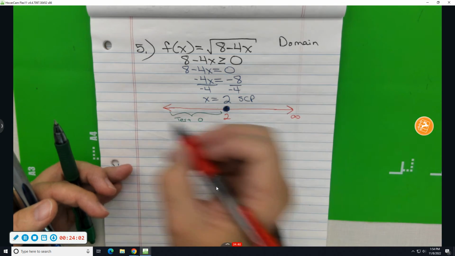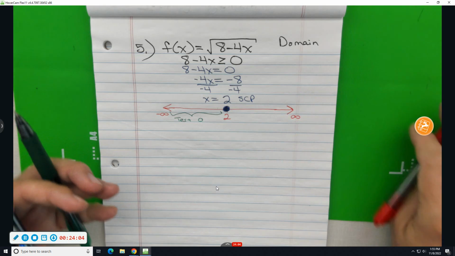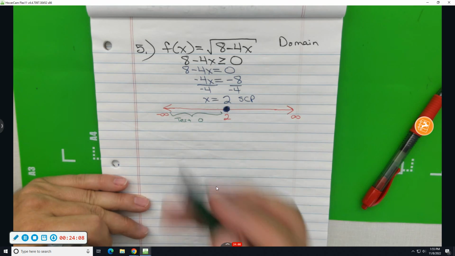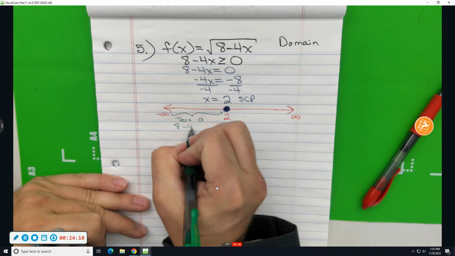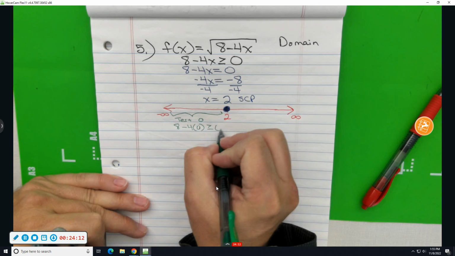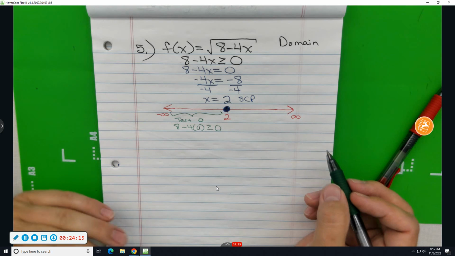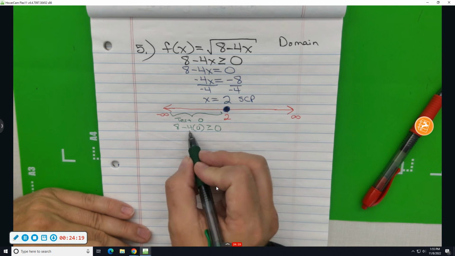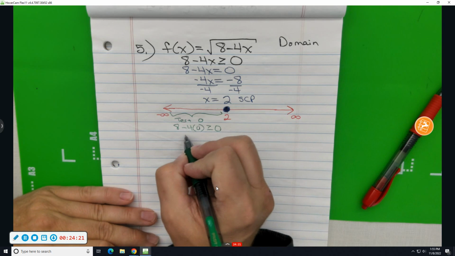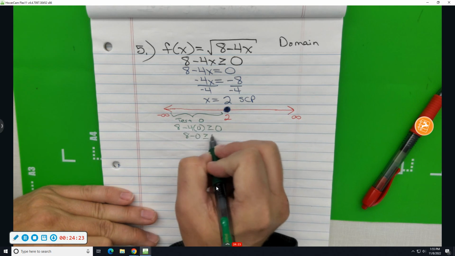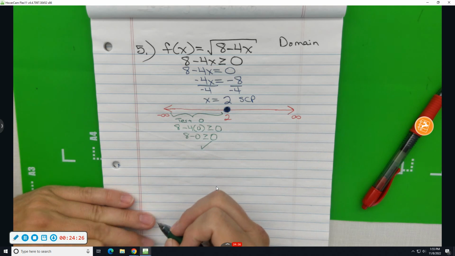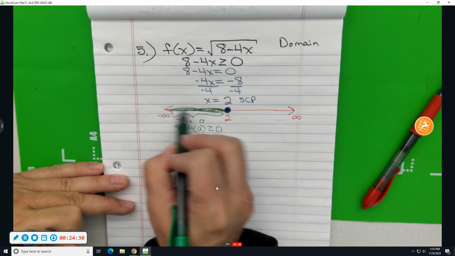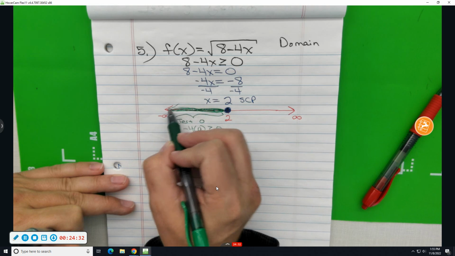There's infinity and there's negative infinity. Testing 0, I get 8 minus 4 times 0 is greater than or equal to 0. Well, we know the order of operations. You multiply first, so 4 times 0 is 0. 8 minus 0, is that bigger than 0? Yes, it is. So we shade that interval.